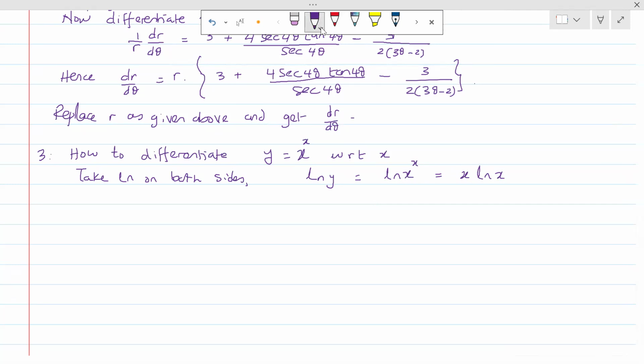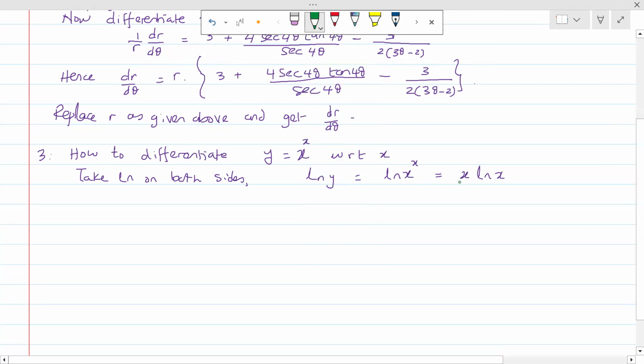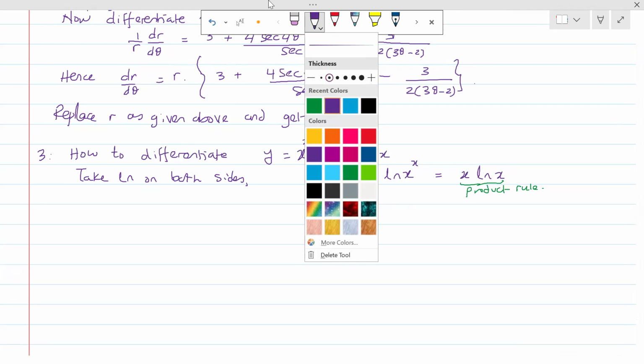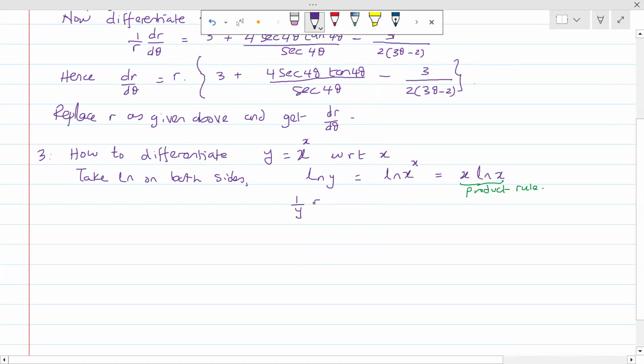So what we can do, we can use product rule to work this out. And on our left hand side here, it's going to be equal to 1 over y dy by dx.